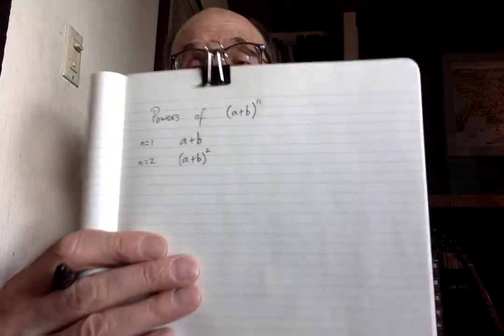Let's look at the square of a plus b. So that's a plus b to the second power. And you probably have this memorized as a squared plus 2ab plus b squared. Let's get on with our lives. But in fact, we're going to break this down and see how it got done. So I'm going to start with a plus b quantity squared, as we used to say.